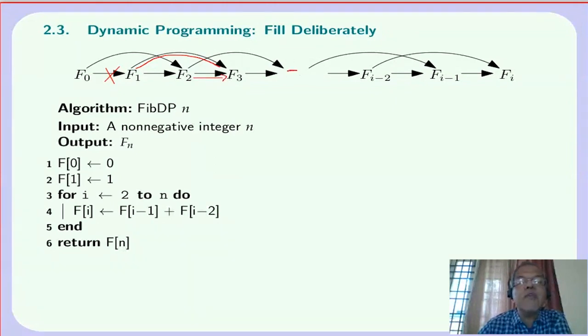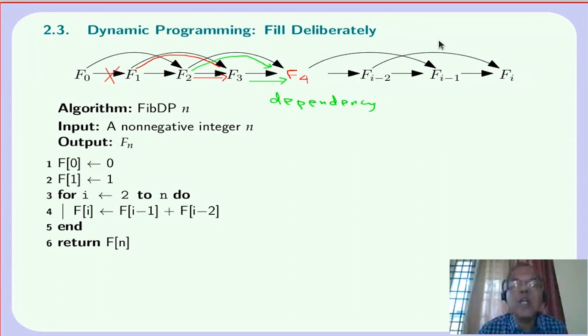Suppose here I have F4. To solve F4, I need the F2 solution and the F3 solution. So these arrows show dependency. Fi depends on Fi minus 2 and Fi minus 1.